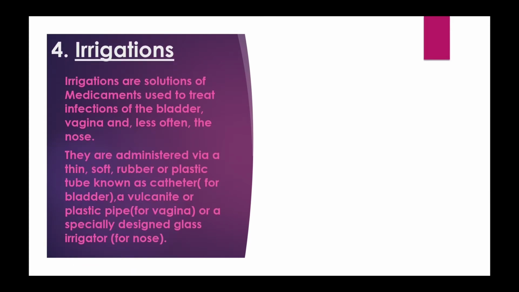Next, irrigations. Irrigations are solutions of medicaments used to treat infections of the bladder, vagina and less often the nose. They are administered via a thin soft rubber or plastic tube known as a catheter, used for the bladder, a vulcanite or plastic pipe used for the vagina, or a specially designed glass irrigator for the nose.